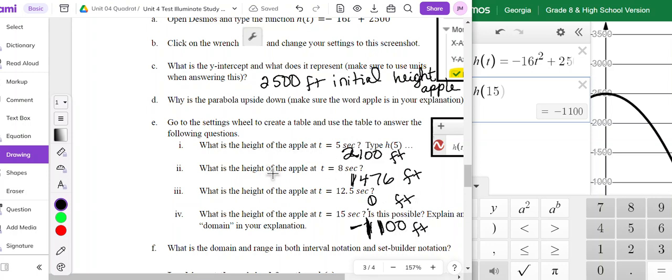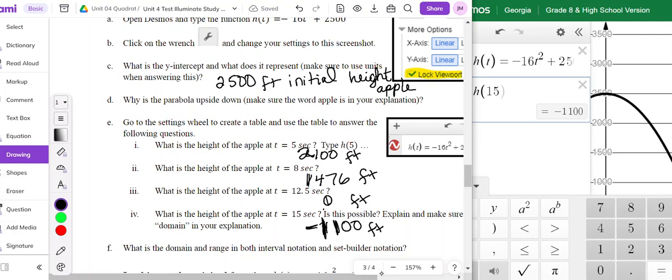All right, what is the height? What is the height at 15? Is it possible for the height to be negative 1100 feet? No, because once it hits the ground, the apple is going to stay on the ground. It's not going to keep on falling below. We're assuming that the ground is flat and there isn't some sort of gorge or hole in the ground or anything like that.